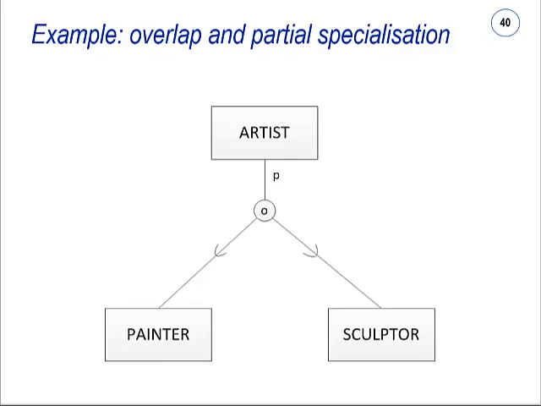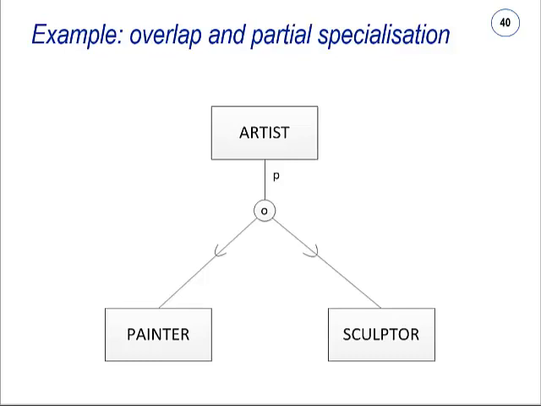Let's now have a closer look at the qualification of the specialization. This specialization is partial. Partial means that, according to our model, there are artists which are neither painters nor sculptors. Think of musicians, for example. A musician is an example of an artist which is neither a painter nor a sculptor. So the specialization is partial.